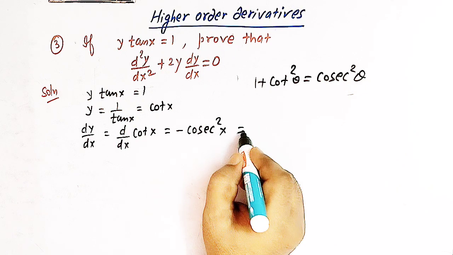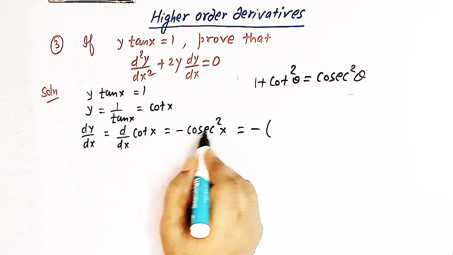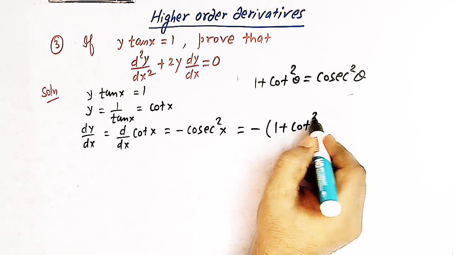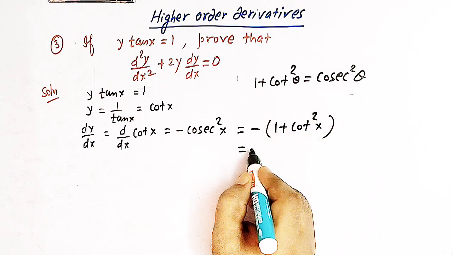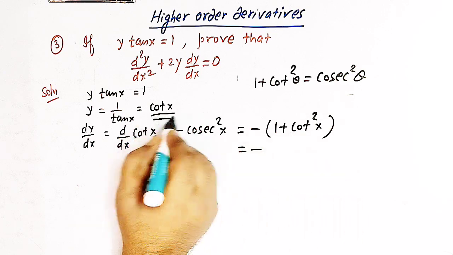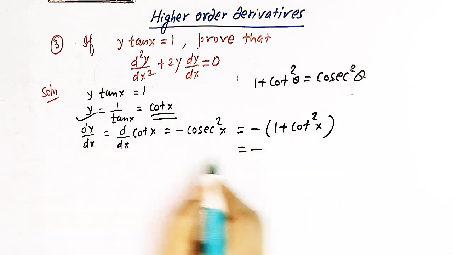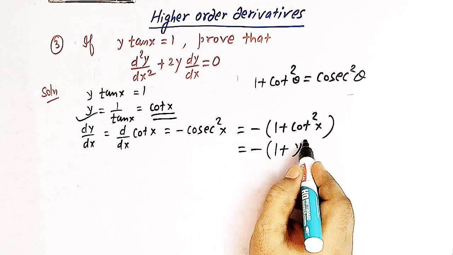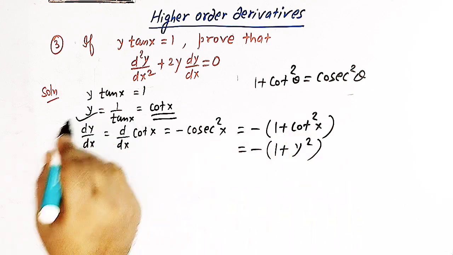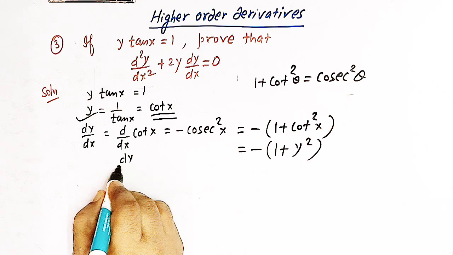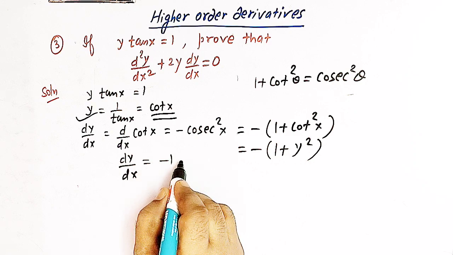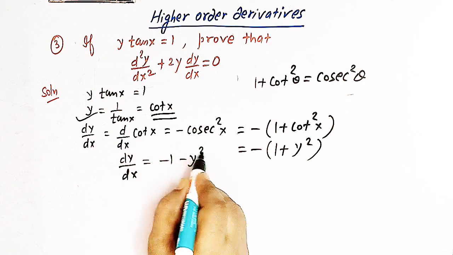So we can write cosec square x as 1 plus cot square x, and for cot x we can write y. So dy over dx is equal to minus 1 minus y square.